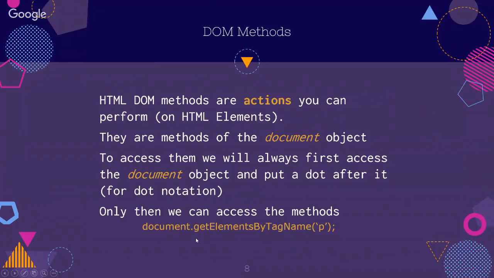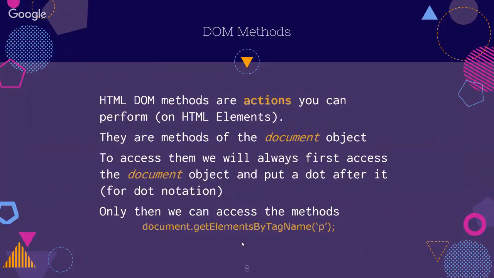We have an example here of a method on the document object, and here is the dot. So to access a method or property on an object, we first reference the variable the object is stored in and place a dot after it, and only then can we access its contents.